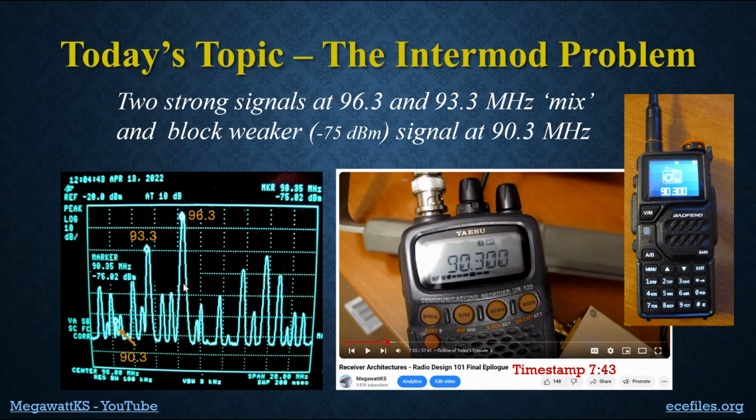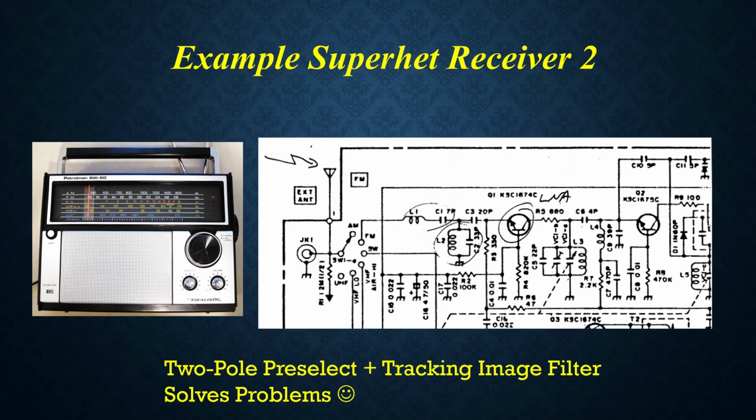Here's our spectrum again, and if we look at it, there's a very strong station at 96.3 that we said. There's also one at 93.3 megahertz. And then there's a moderately weak, I mean, it's not terrible, it's minus 75 dBm, station at 90.3. And we could not hear that on virtually any of the radios, except that older one.